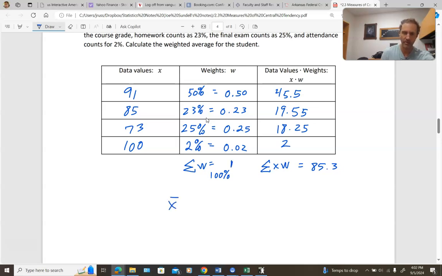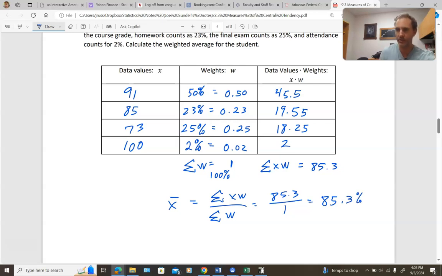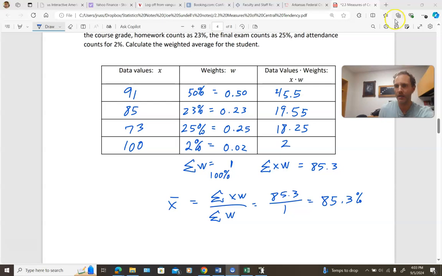So the average, according to that formula, is the sum of the products divided by the sum of the weights. Well, the sum of the products is 85.3, and the sum of the weights is 1. And 85.3 divided by 1 is 85.3. And that would be the percentage, or that would be the grade for that particular student.